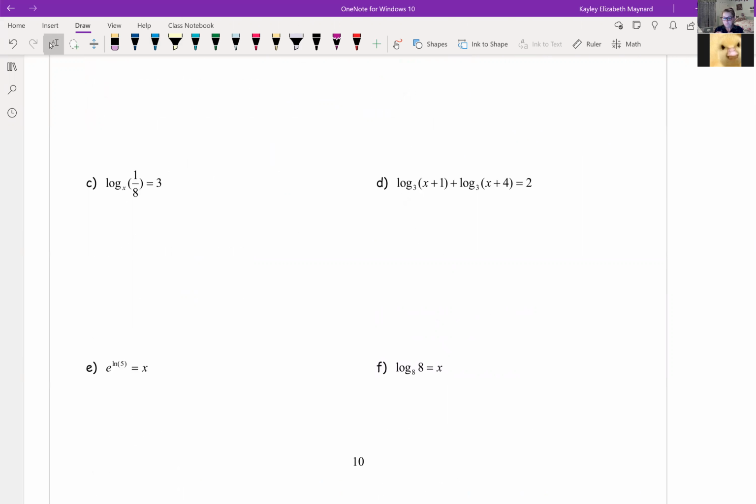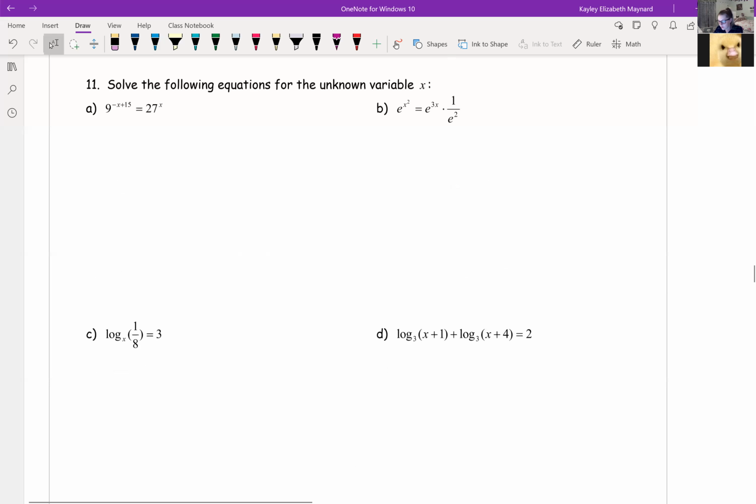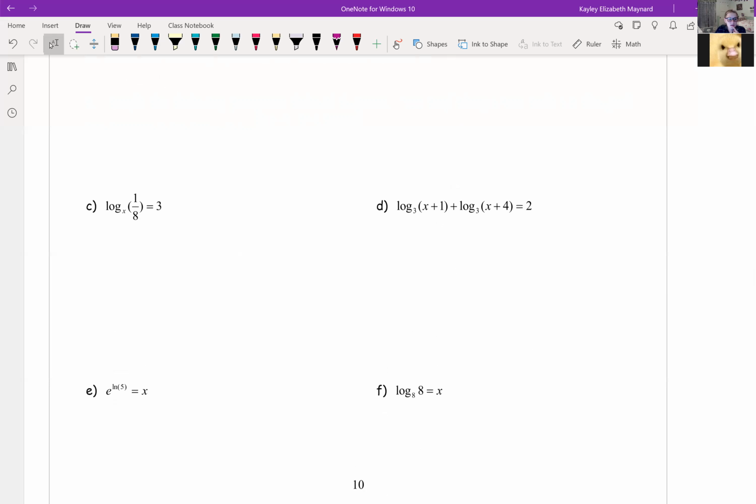Sweet. Okay. So C. So I think number 11 is all log questions. Yes, it is. Okay, cool. So this is kind of where you just need to remember how we defined logs at the very beginning. So if you have, let's say, log base A of x equals y, this is the same as saying a to the y power equals x.